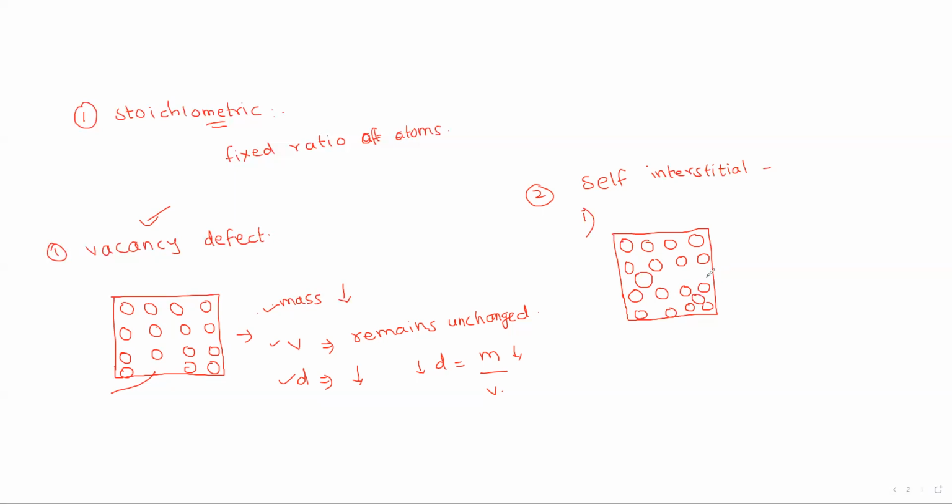So, what happens in self-interstitial crystal defect? Extra particles from outside of this crystal will enter and be placed interstitially. Interstitially means in these places. So they are placed interstitially, and hence this defect is formed, called self-interstitial defect. This was case number one, that is, extra particles are placed interstitially in the voids.